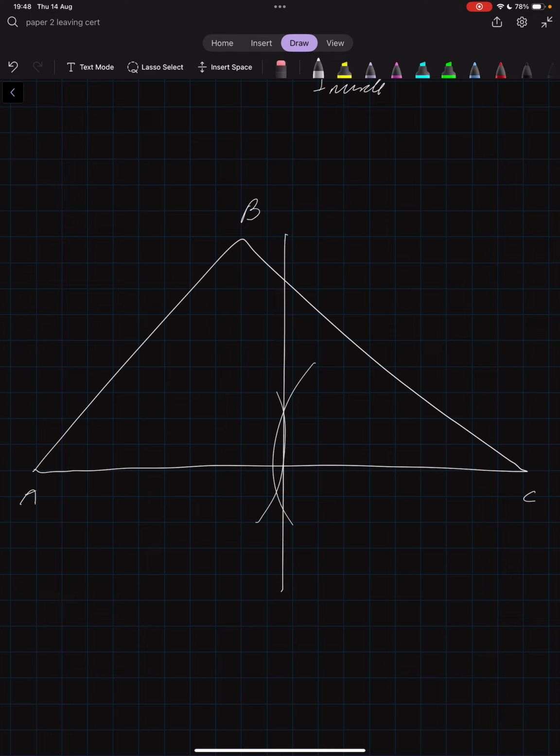And then basically wherever this hits here, you then draw this and connect it to the opposite angle. Okay? So now what I want to do is I want to draw this line. So now that's my important line.